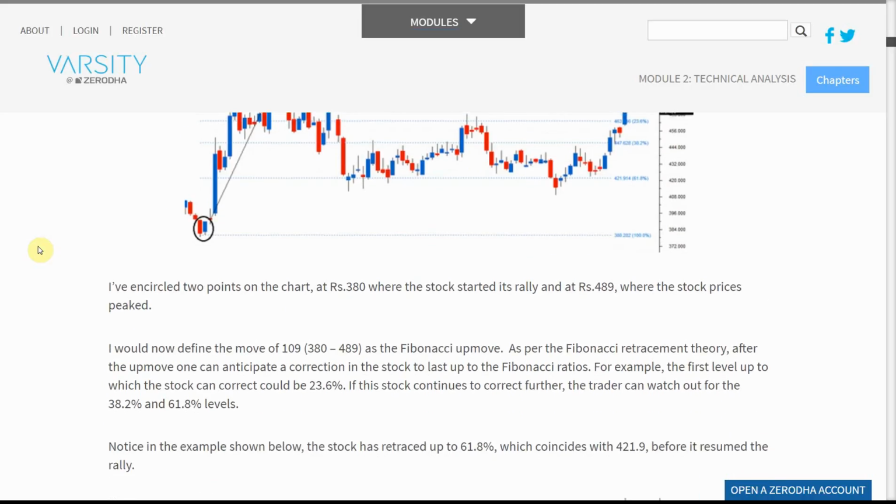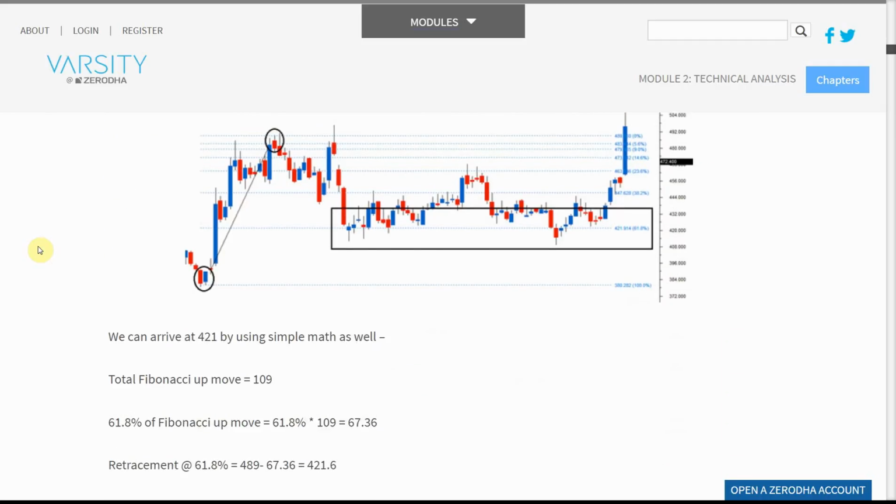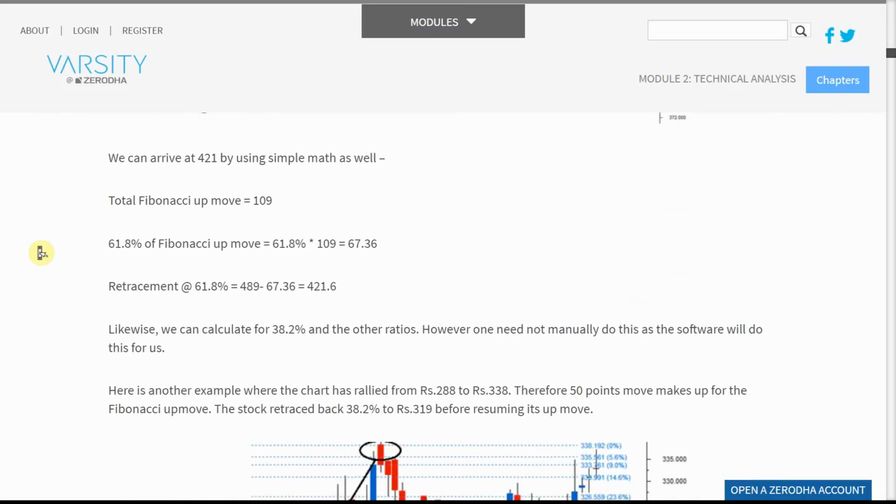Notice in the example shown below, the stock has retraced up to 61.8%, which coincides with 421.9, before it resumed the rally. We can arrive at 421 by using simple math as well. Total Fibonacci up move equals 109. 61.8% of the Fibonacci up move equals 61.8% * 109 equals 67.36.